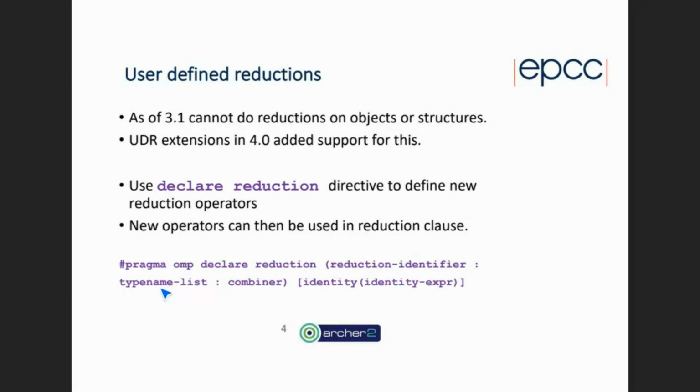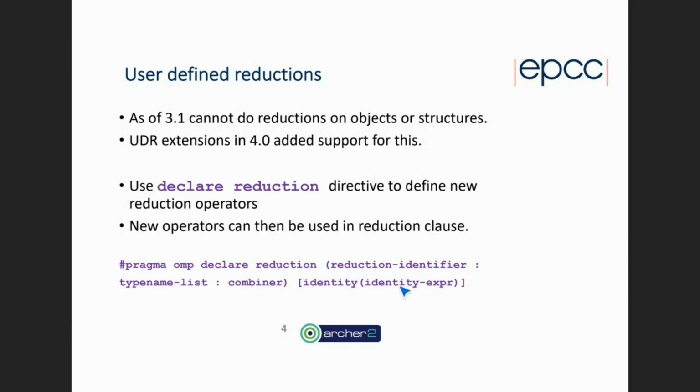Then a list of types to which it applies, and then basically a code fragment that describes how to combine two elements of these types, because that's all you need in order to build a reduction. You just need to know how to combine two elements, and then you can concatenate that and reduce as many as you like.